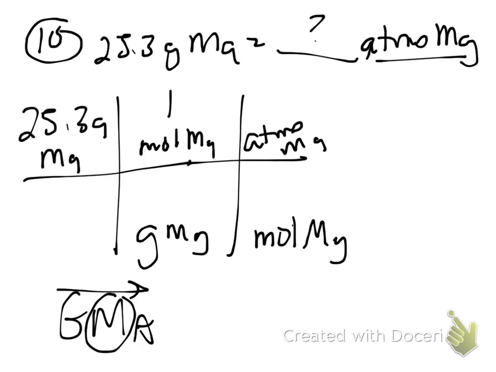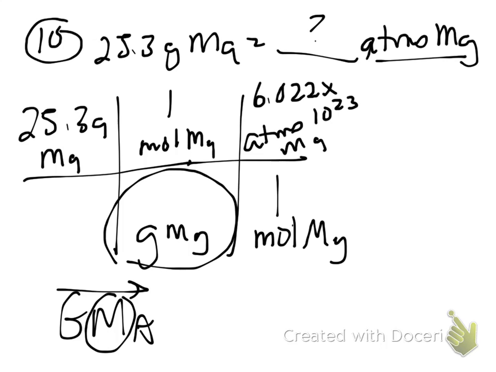So we know that this always gets a 1, that always gets a 1, this always gets 6.022 times 10 to the 23rd. Where do we get this number? Periodic table, that's its molar mass. So 24.31 grams of magnesium and 1 mole of magnesium.